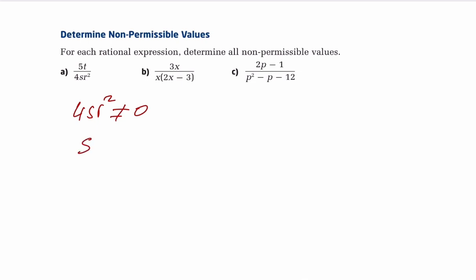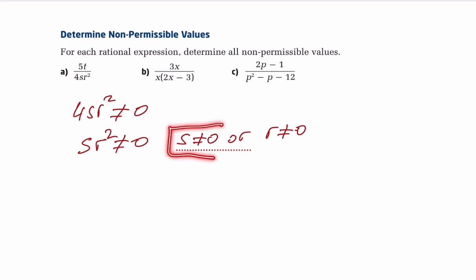This means that sr squared should be different than 0, which means s should be different than 0 or r different than 0, one of them. In this case, I satisfy the non-permissible value. So I'm not allowed to have s equal to 0, and I am not allowed to have r equal to 0.